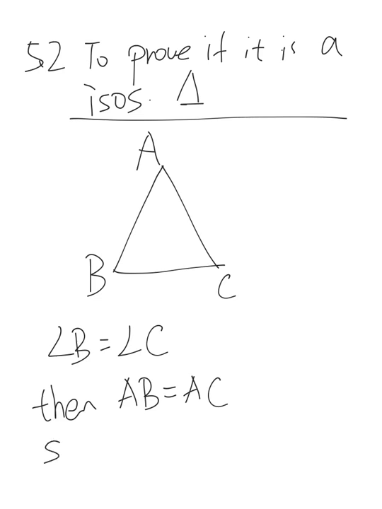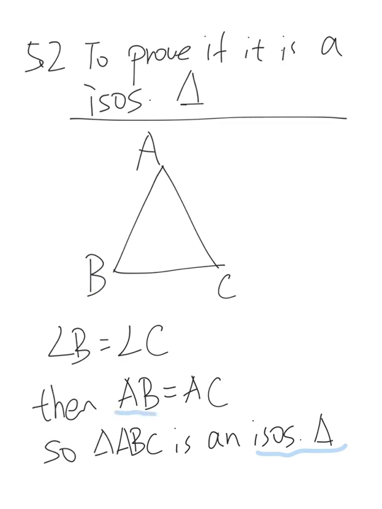So triangle ABC is an isosceles triangle based on the definition, because in the definition we say that an isosceles triangle has equal sides. So if we find that AB is equal to AC based on the fact that angle B is equal to angle C, then triangle ABC is an isosceles triangle.